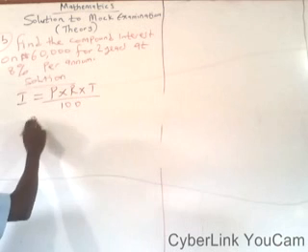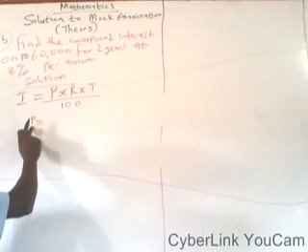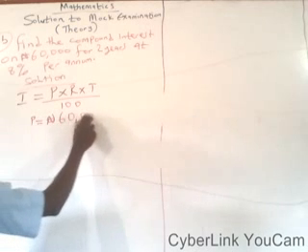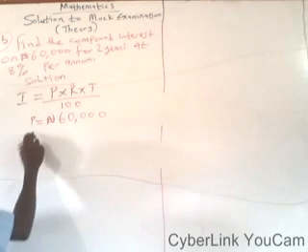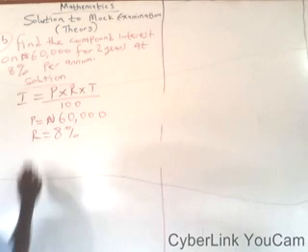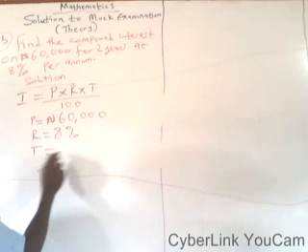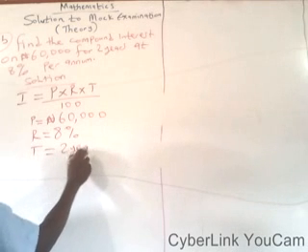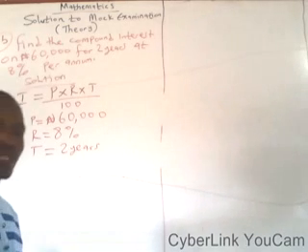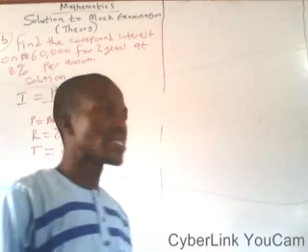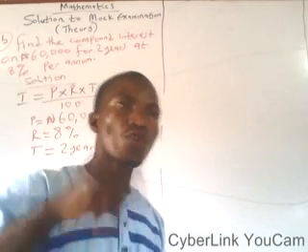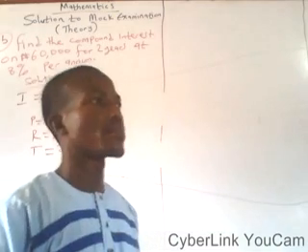Our P here from the question, which can also be referred to as the amount, is 60,000 naira. The rate is 8%, while the time is 2 years. Do not forget, you are not asked to find the simple interest. You are asked to find compound interest.